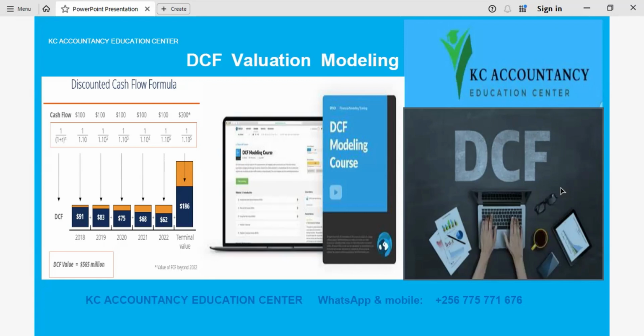So this DCF, as you are seeing, is something that we probably want to look at. In DCF valuation modeling we look at the discount rate and at the same time the cash flows. The cash flow profiles and the discount rates always give challenges to financial professionals.